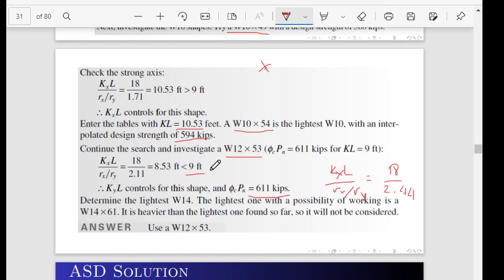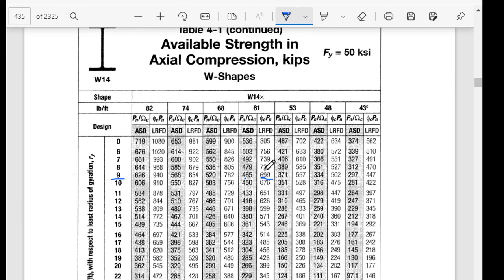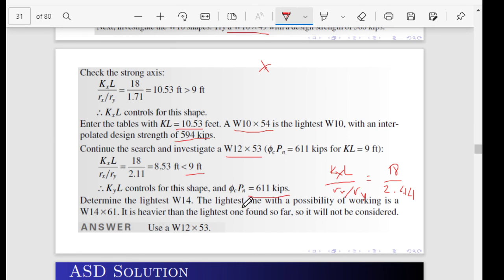Still, the weak axis, or the KYL, will control in the shape. So, the design strength of the W14 by 61 is 699 kilopounds, which is greater than 560, the factored load.